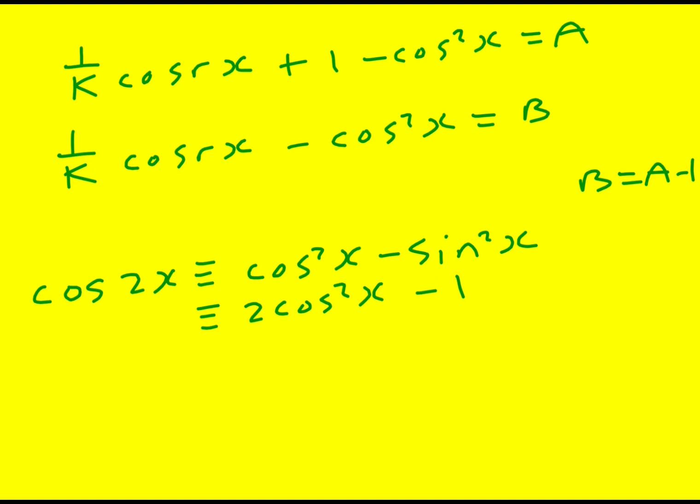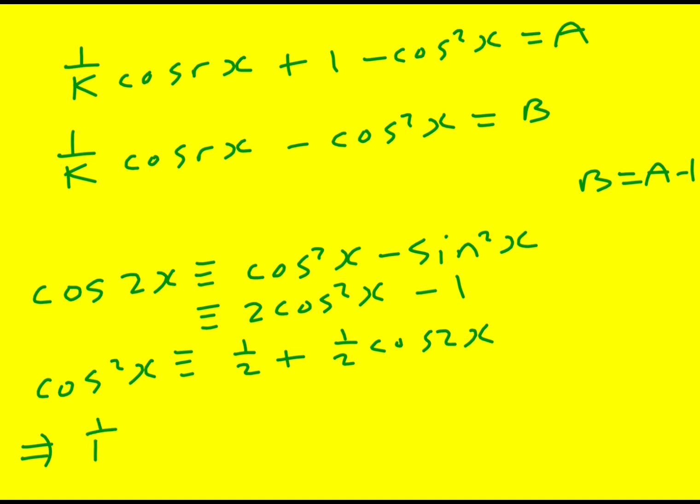And that means that cos squared x is actually identical to, I can divide through by 2 and then add the half, a half plus a half cos 2x. So this means 1 over k cos rx minus half cos 2x will equal a new constant.